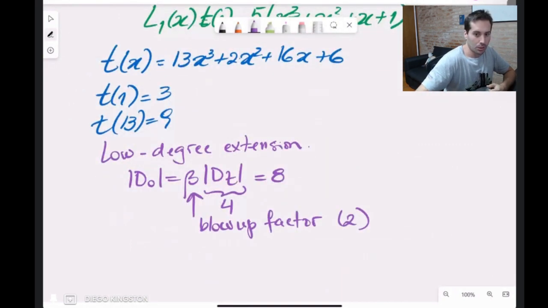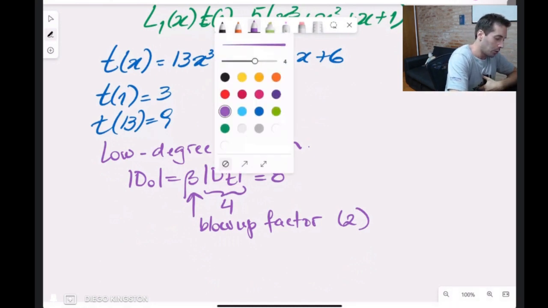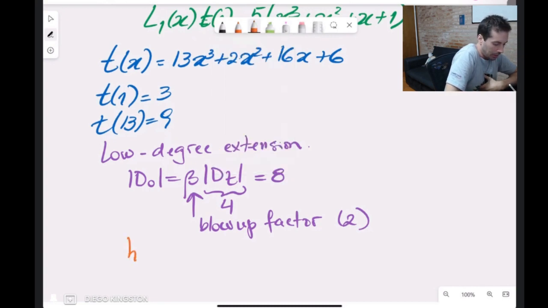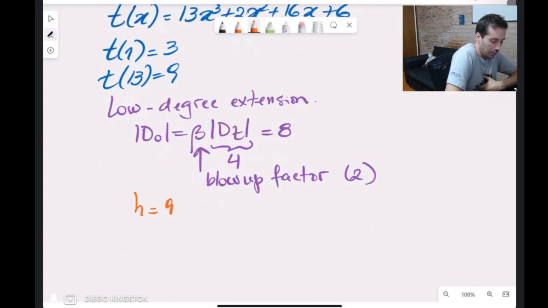Now we have to select an appropriate domain, and we can choose, like in the previous case, a generator, and in this case we could choose 9. We can look at the different powers of 9, and we see that whenever we do 9 to the 8, we wrap around and arrive at 1.